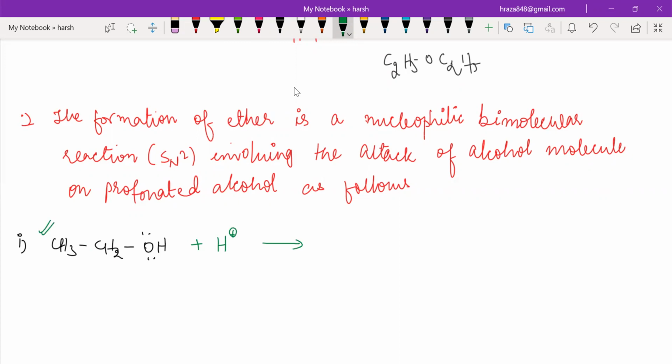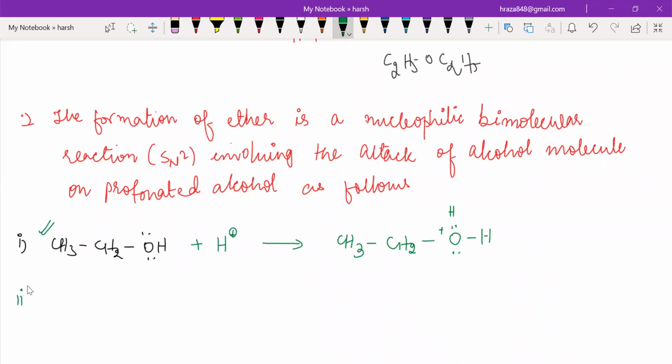Am I audible? Are you there, Harsh? Yes, sir. So this will be protonated alcohol now. On OH there will be a positive charge and the hydrogen will come here. There will be a bond between oxygen and hydrogen.